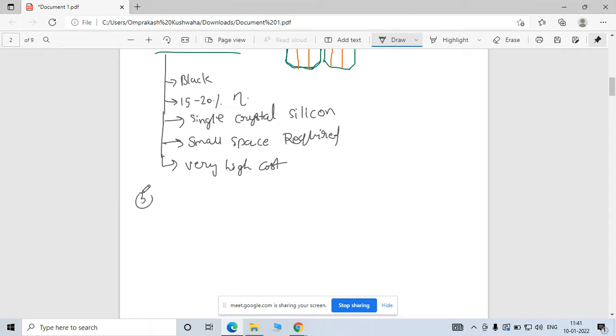Now, the third one is the thin film type. This is generally brown in color, and thin layer silicon is used in this. If you observe the structure of this, the structure is just like that. The size of one strip is different from the others, or you can say alternate strip sizes are equal.